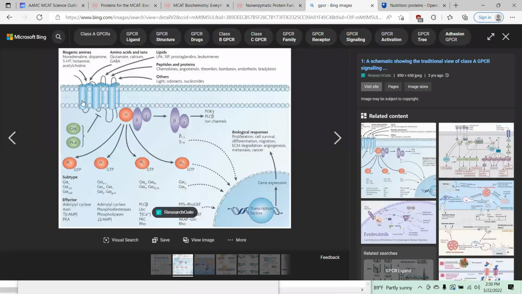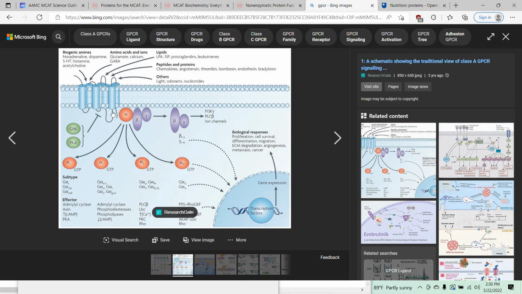So that's what we see in this picture here. You see this barrel, 1, 2, 3, 4, 5, 6, 7. So this is a GPCR. And when a GPCR receives a signaling molecule from the outside, it will trigger a signal cascade on the inside of the cell. And that's going to evoke a response in the cell.